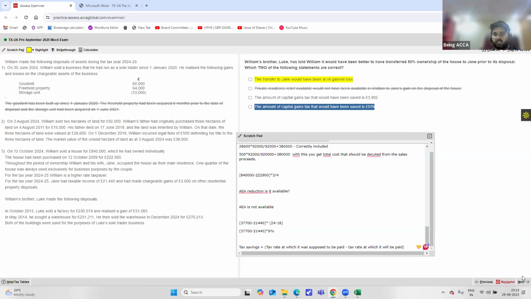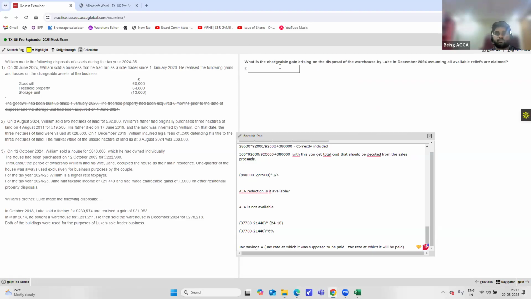Clear? Let's move on to the next question then. What is the chargeable gain arising on the disposal of the warehouse by Luke in December 24, assuming all available reliefs are claimed? So guys, let's see. Luke has sold a factory for 235,740 and realized a gain of 31,083.